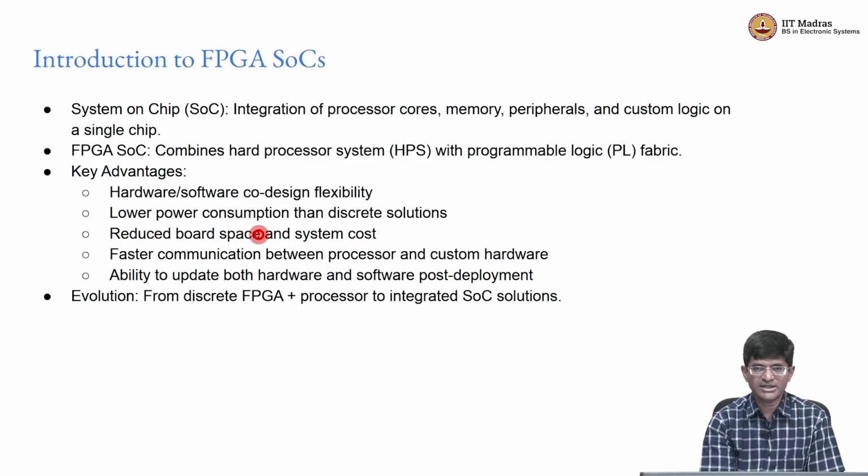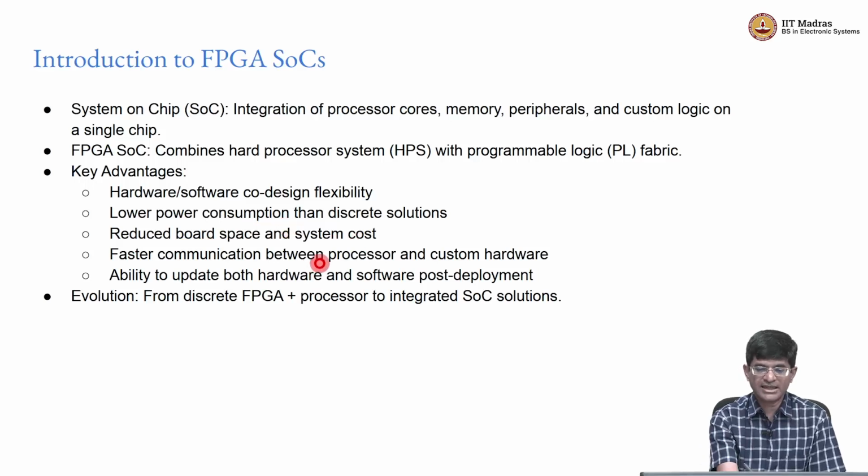or it could be to get lower power consumption, right? Because there might be certain things, let's say even an image processing accelerator that you want to do on the FPGA fabric, right? And you can do it directly on the same chip rather than adding on a separate chip onto your board, which both reduces the system cost and also reduces the power consumption.